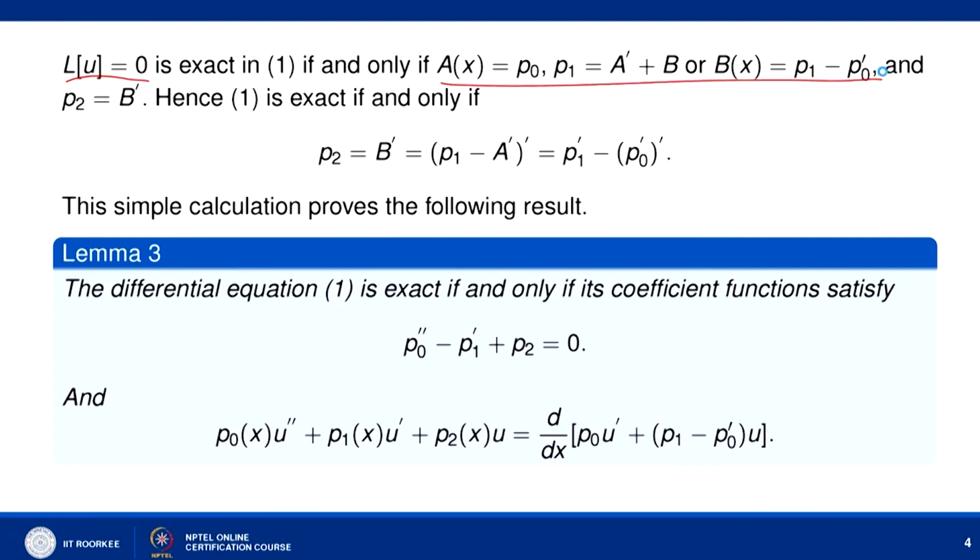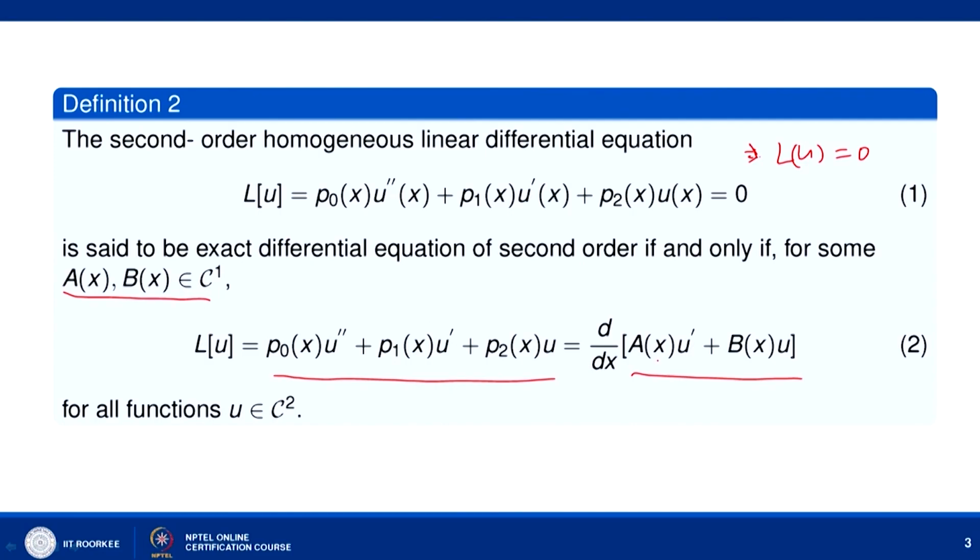How do we get this relation? If you simplify this, you can write it as a dash u dash plus a u double dash plus b dash u plus b u dash. So, if you collect the coefficients, it is a u double dash plus u dash times (a dash plus b) plus b dash u.